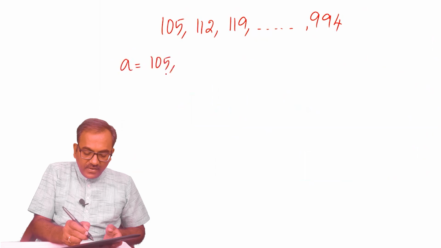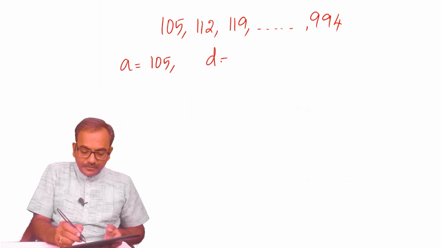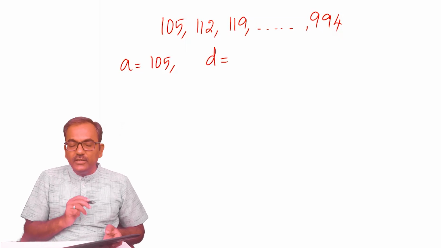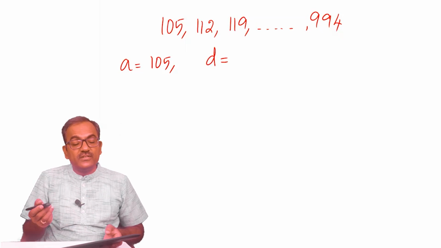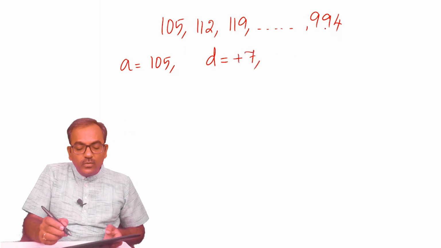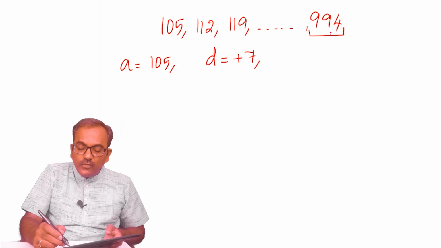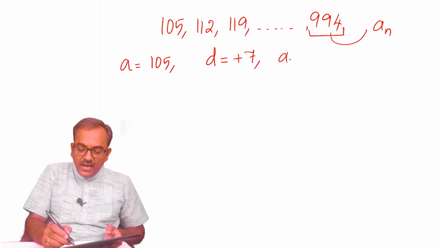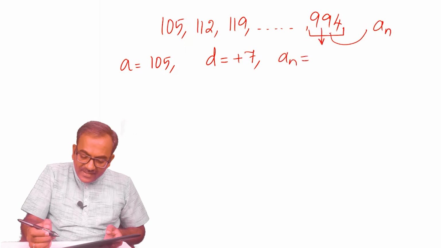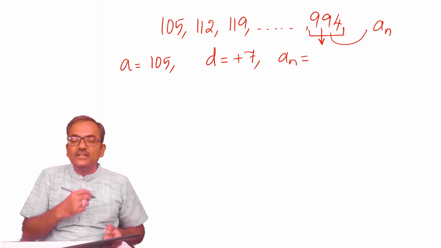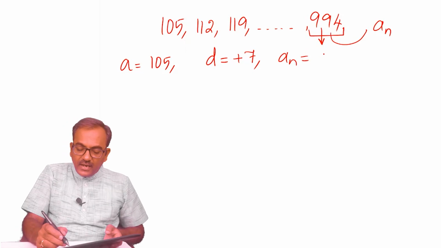A is 105. What is D? D is the common number that you are adding in order to get the next number. Therefore it is plus 7. What else do we know? We know that somewhere 994 is sitting. I can name it as An, and I need to determine at exactly what number this 994 is sitting. That is n.